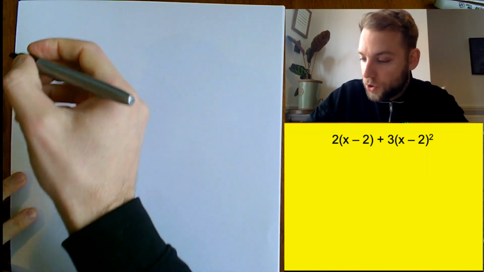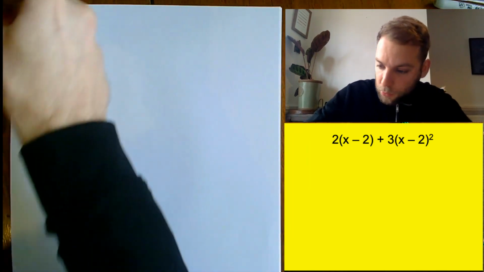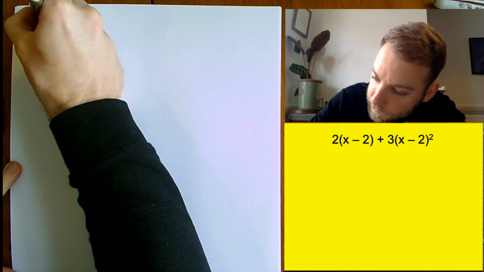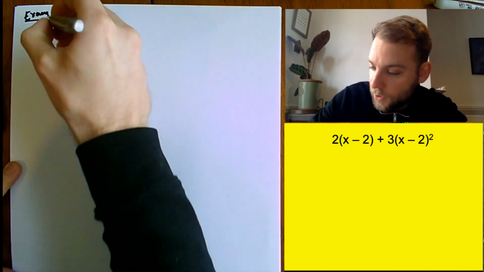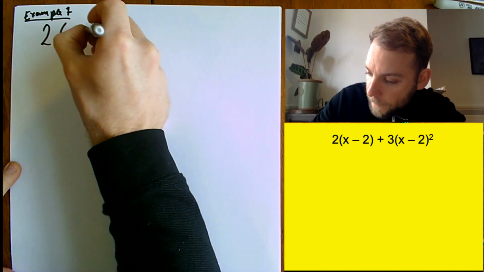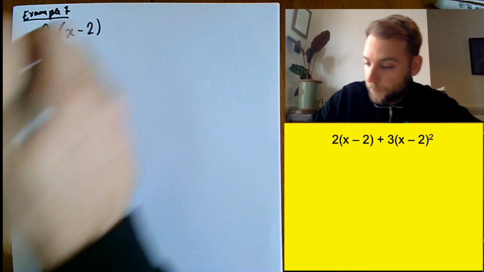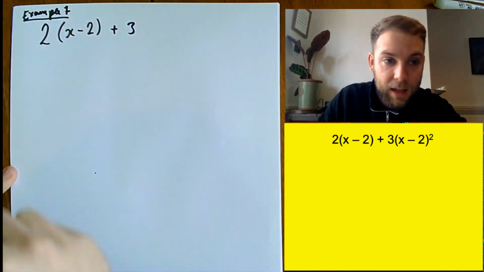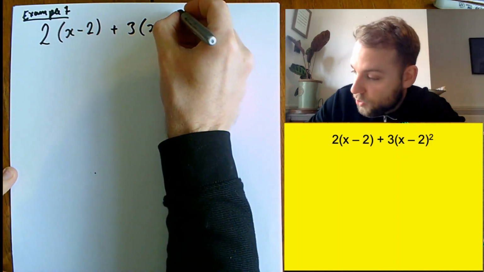And that common term that I've got in both of them, so here I've got, let's write it down, this is example 7. I've got here 2(x minus 2) plus 3(x minus 2) squared.